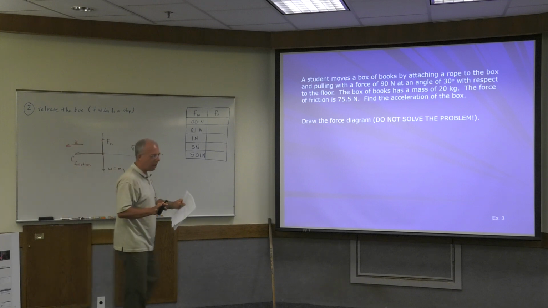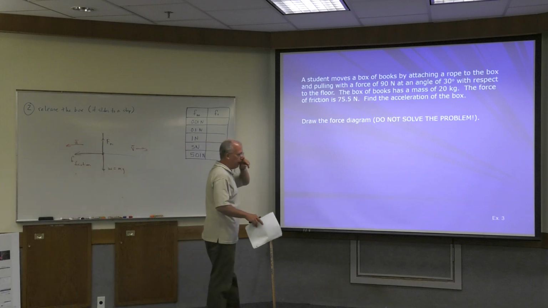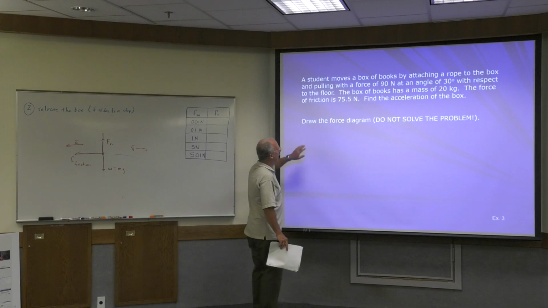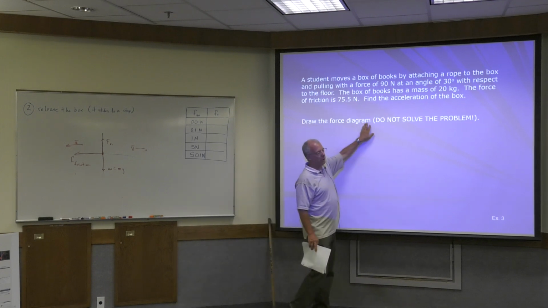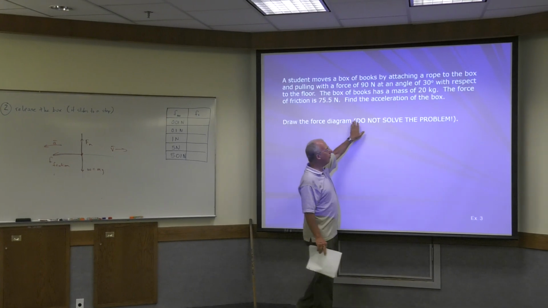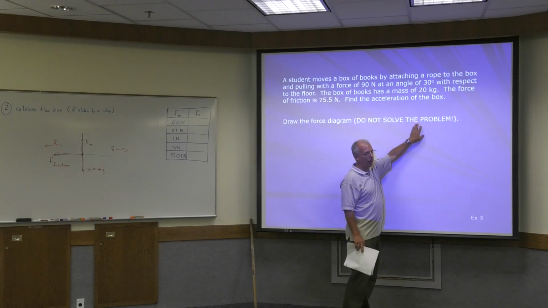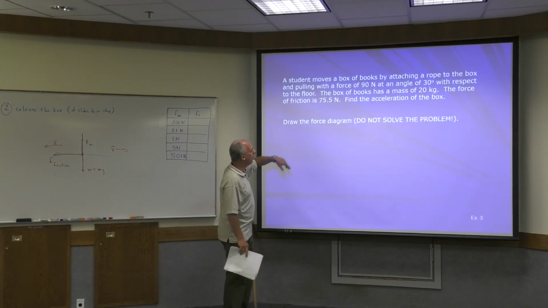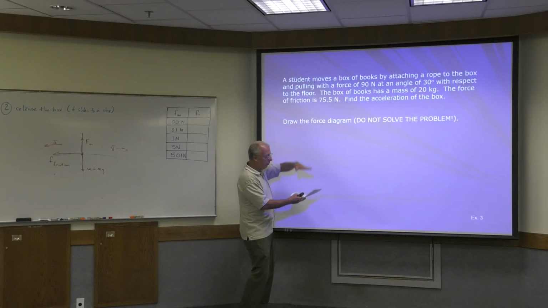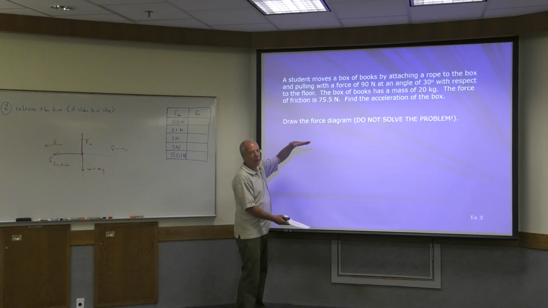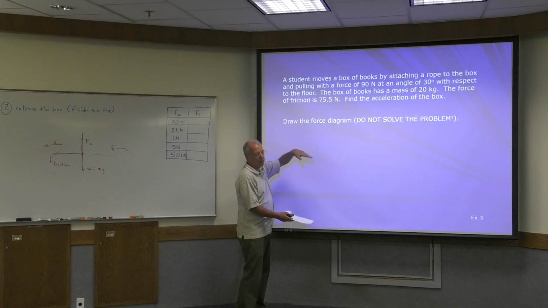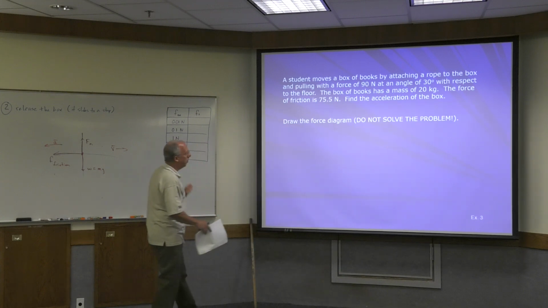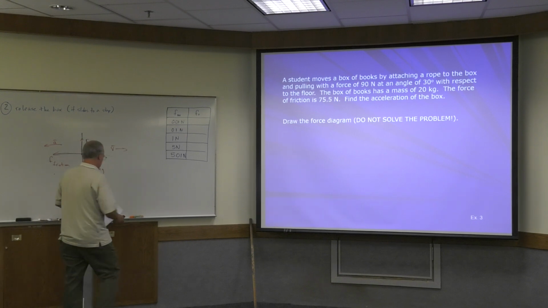This is what I was talking about at the beginning of the chapter. All I want you to do now is draw the force diagrams. We're going to solve the problem in a future chapter. Get a piece of paper, draw the force diagram, then leave a big space so you can use the same force diagram to solve it in a future chapter. So pause your video and do what it says.